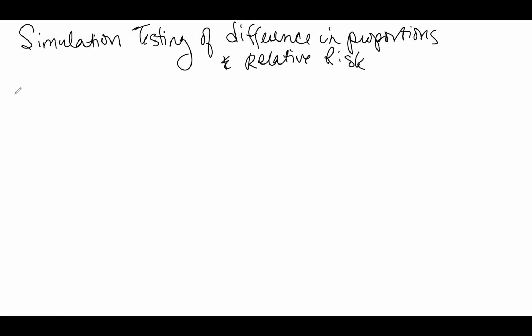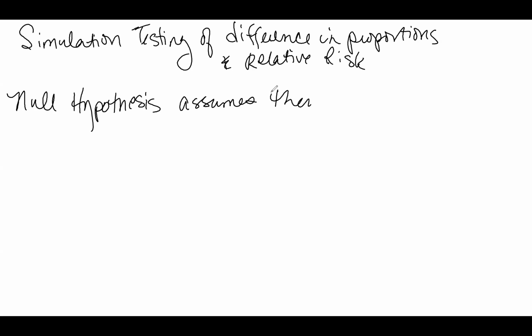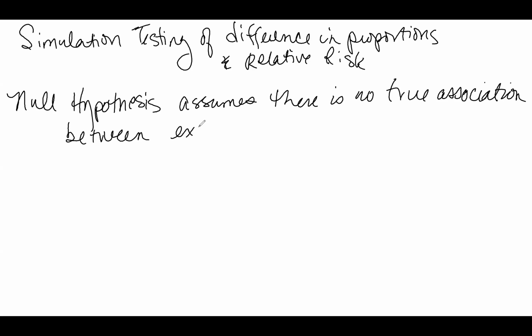So with both, we're testing, so our null hypothesis assumes there is no association. I'm going to say true association because we need to talk about our parameter. No true association between the explanatory variable and the response.